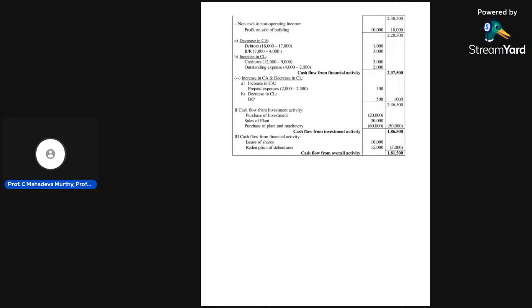Purchase of investment is within brackets, because cash goes out from the organization. Sale of plant is without brackets, because cash comes into the organization. Purchase of plant and machinery 60,000, cash goes out from the organization.